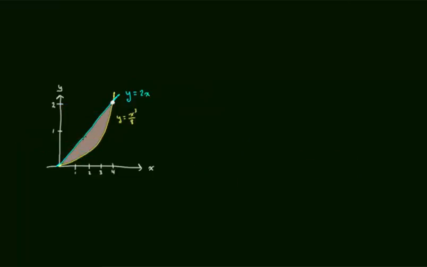Finally, example 10, we're going to revolve around x equals 25. Again, we're going to need a horizontal rectangle, and we're going to set up the volume. Our volume is going to be pi times the integral from 0 to 2.